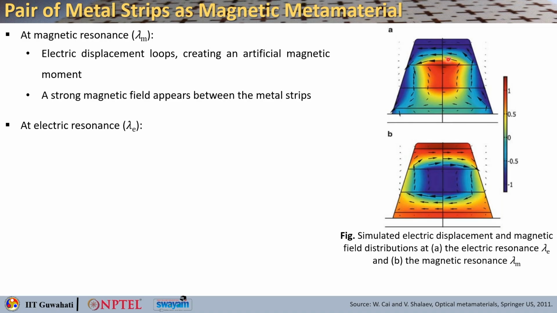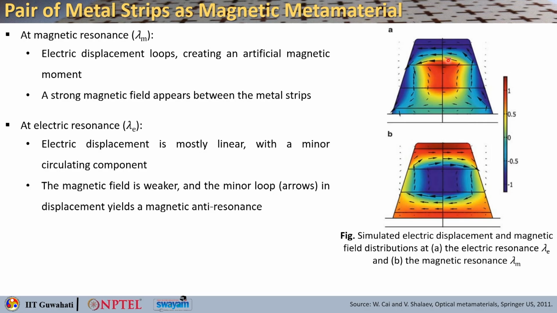The small circulating component of this electric displacement gives you a small magnetic moment, however, this is much weaker. And another important thing is to see that the minor loops that you can see from the arrows in the displacement basically give you magnetic anti-resonance.